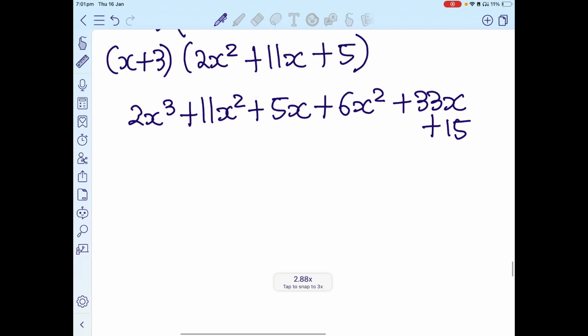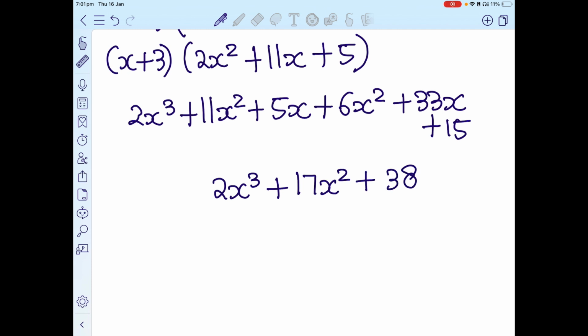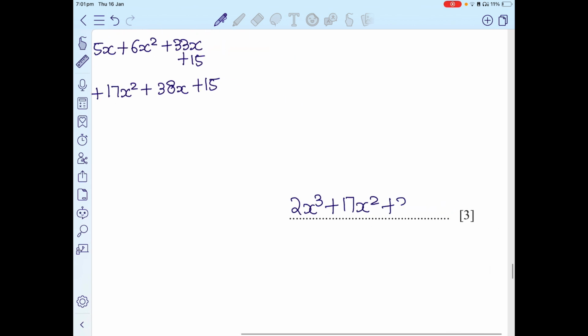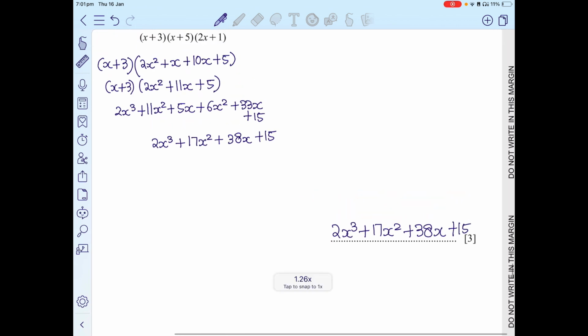Just add up the terms which are common. The final expression is 2x cubed plus 17x squared plus 38x plus 15. And I hope this part is clear as well.